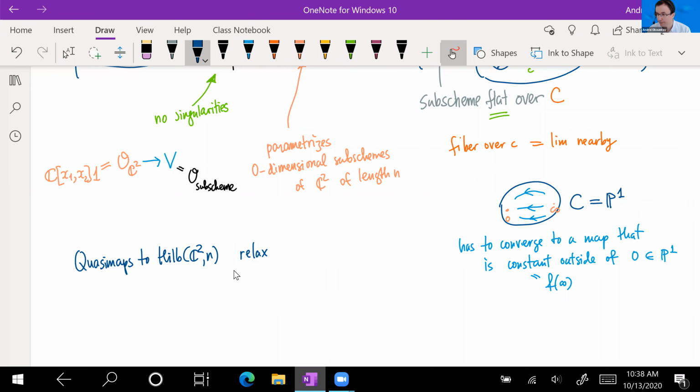subscheme of this C2 bundle over C means you have the structure sheaf of my C cross C2 surjecting to the structure sheaf of my subscheme. And that was, so this map is surjective, to allowing this map, so relax the surjectivity.